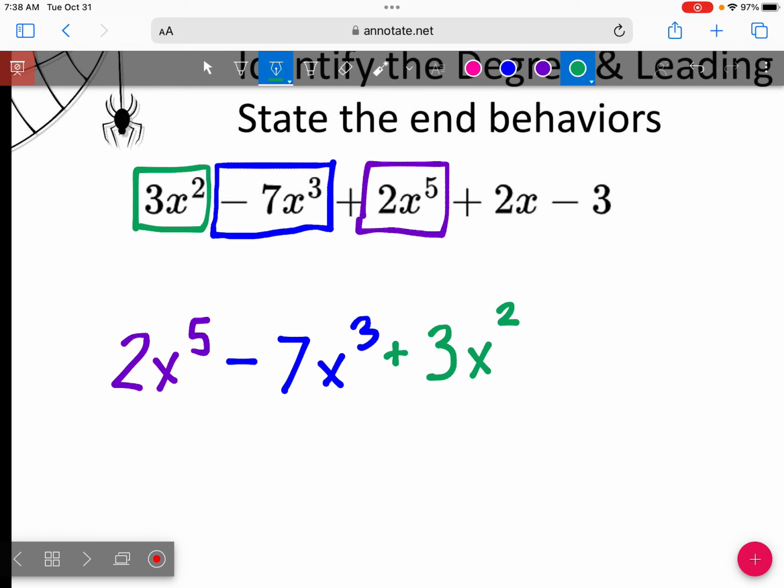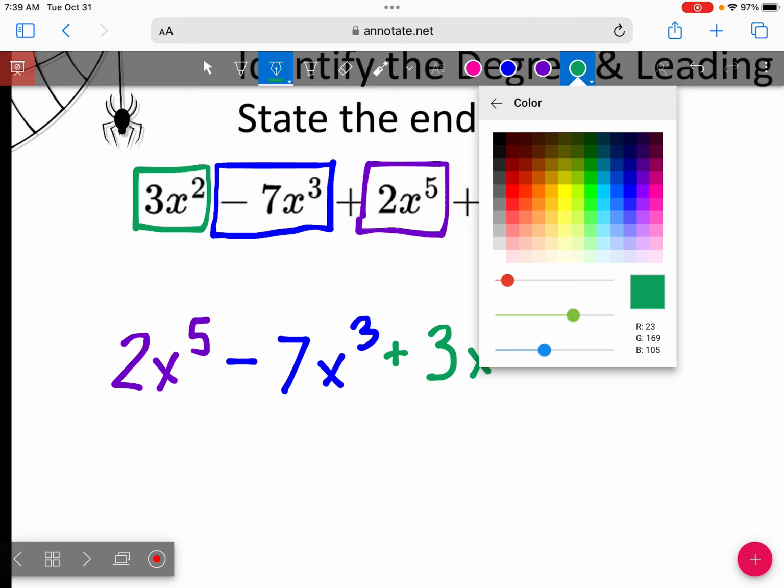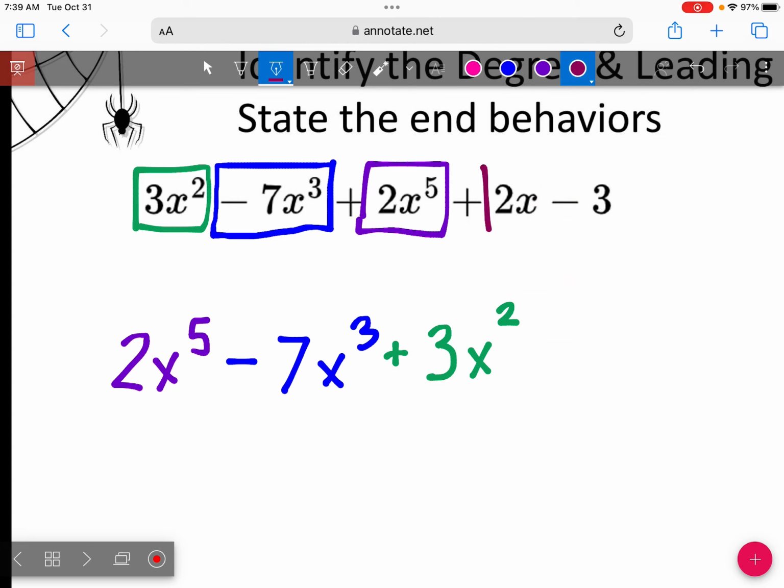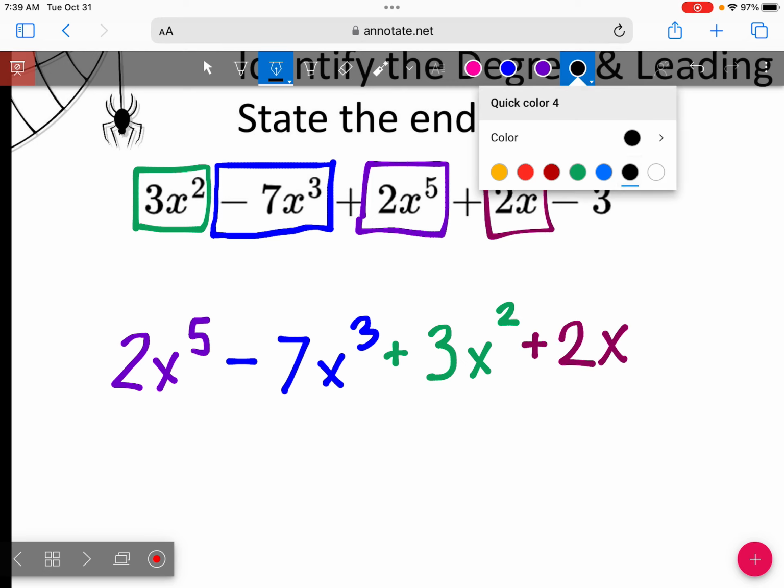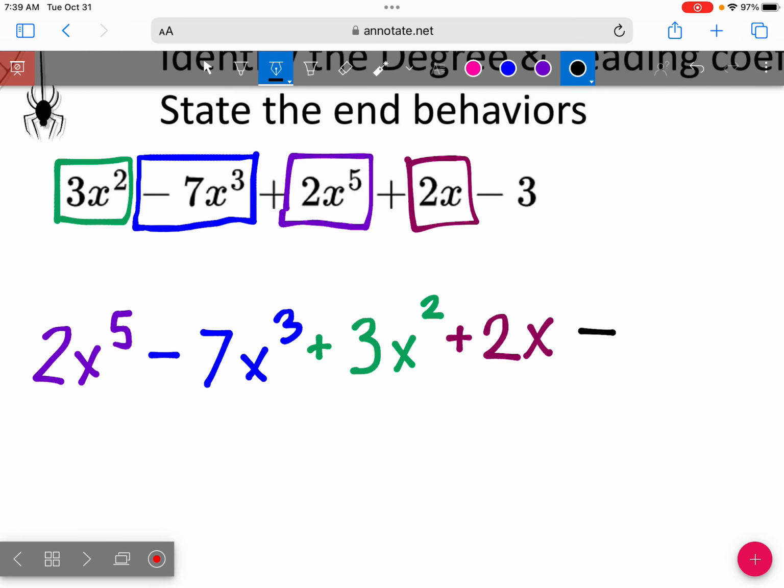All right, what's my next smallest term? The 2x. So then we're going to have our plus 2x. And then we'll end it off with our last one, the one that has no x, minus 3. Oh, look, we made a pretty rainbow. That was entirely accidental, but I like it.